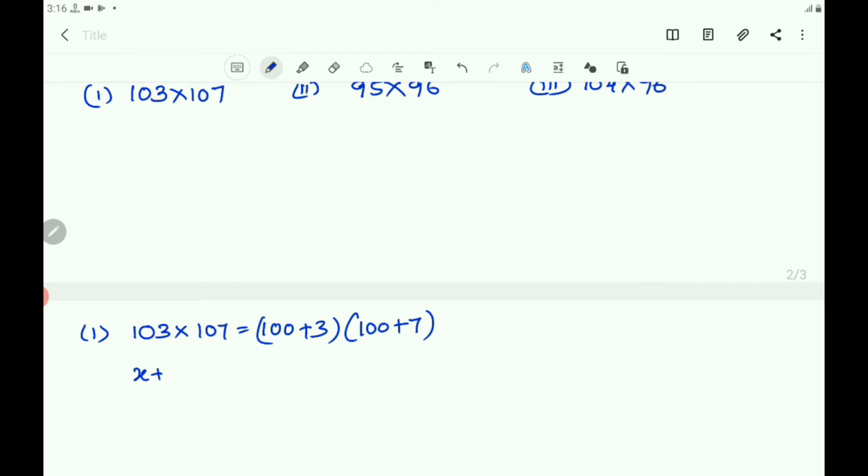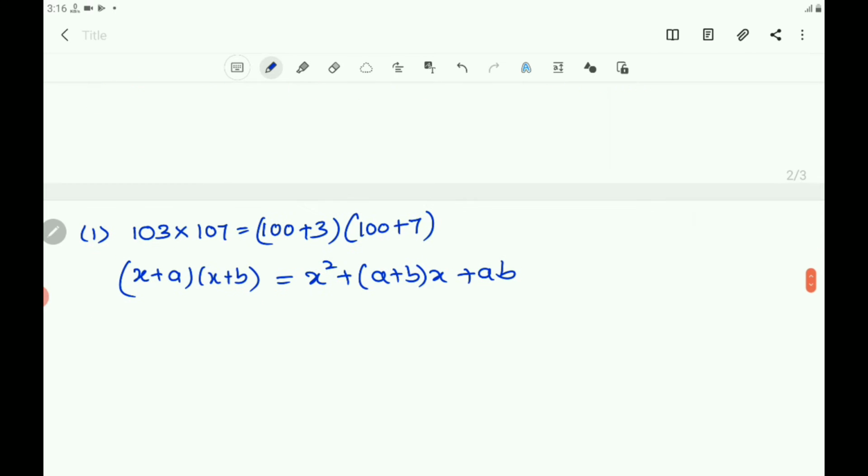You know that x plus a into x plus b equals x square plus a plus b into x plus ab.